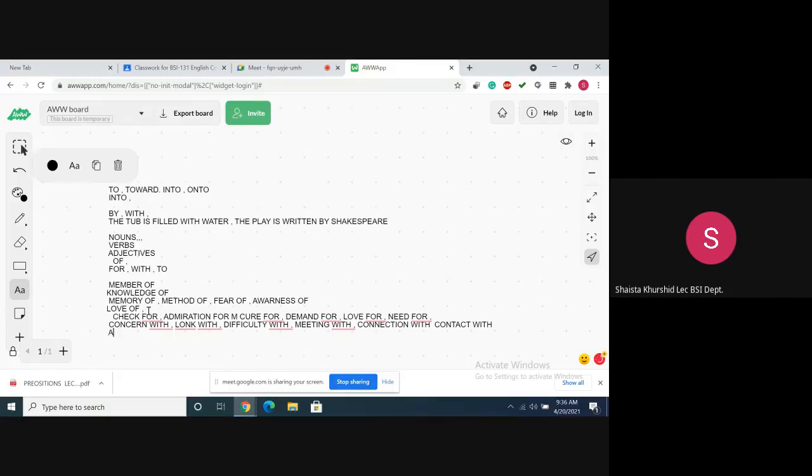And to: access to, damage to, desire to, reaction to, newcomer to, reference to. ठीक है.